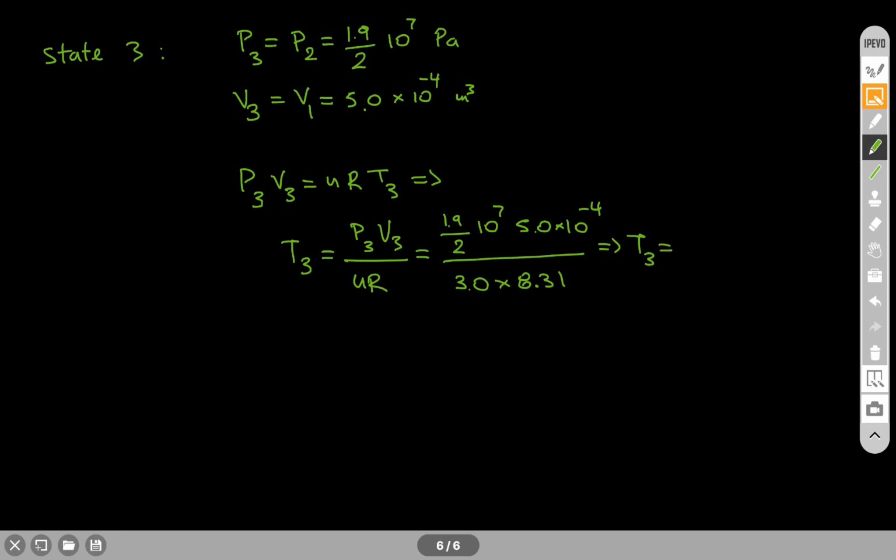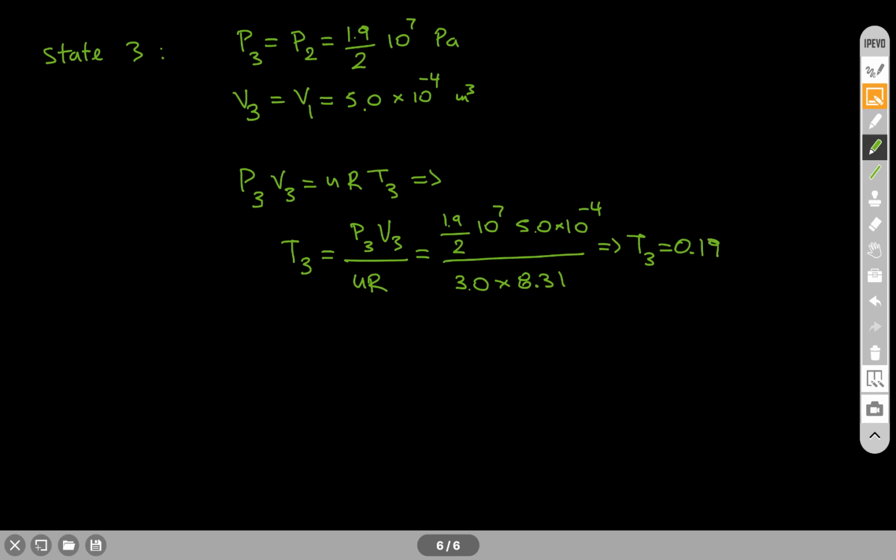Now, the way that I like to do these calculations, I can give you a hint. It may make your life a little bit easier. I like to take out the powers of 10 and do the calculations with the rest of the numbers. So what I did: 1.9 divided by 2 times 5 divided by 3 and 8.31. And this gave me 0.19.